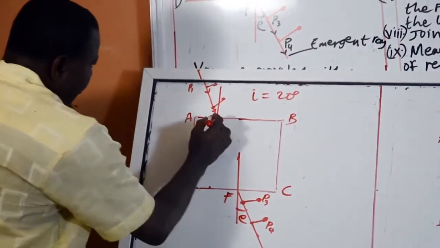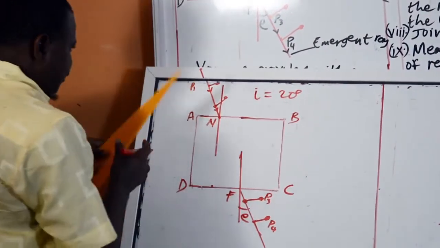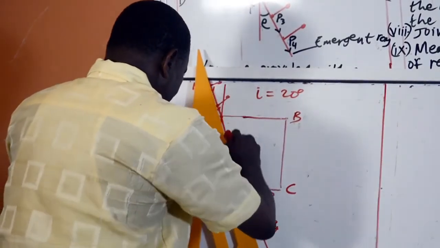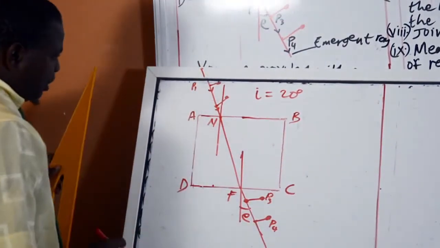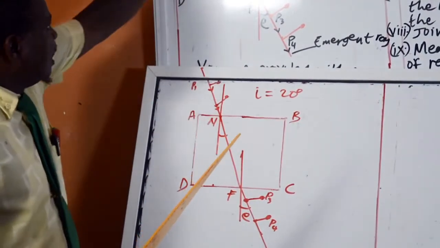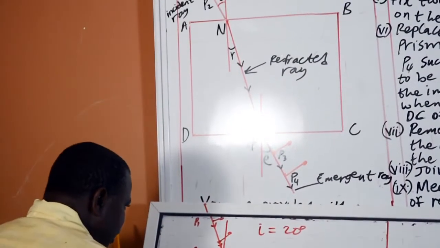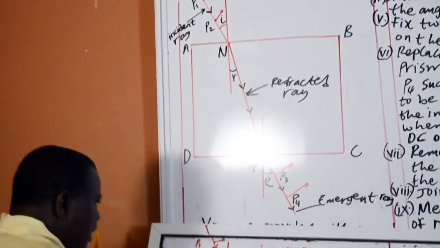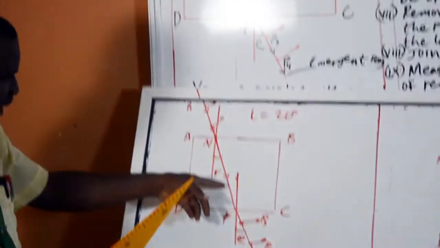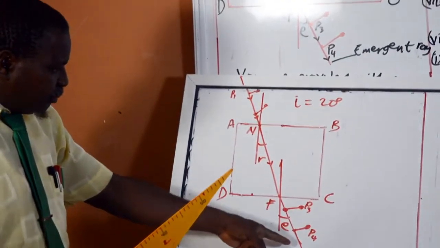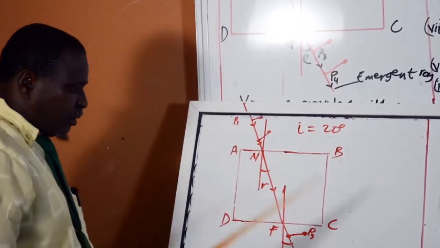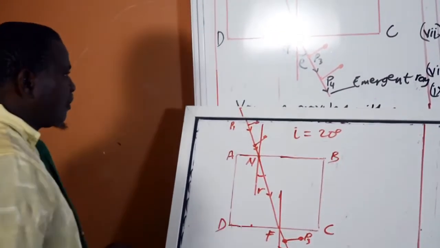And you join point N to F. When you join that together, the angle in between the refracted ray and the normal is called angle of refraction. This arrow shows that it is moving from here to the glass casing and back to the air, where it emerges.